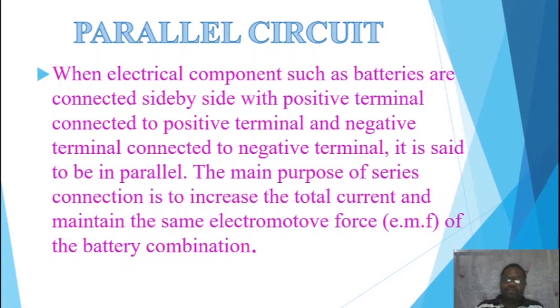But the potential difference that is applied to all of them will remain the same. So you see at home, the potential difference of all the appliances is 220 volts, which is the voltage of electrical supply for Nigeria.